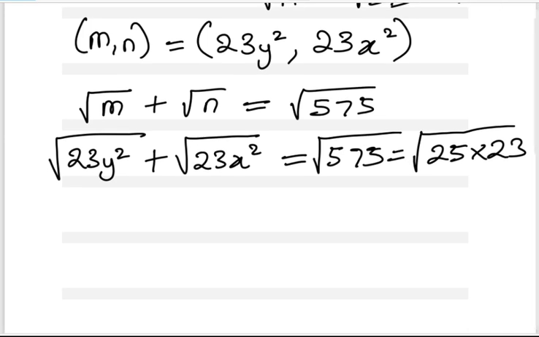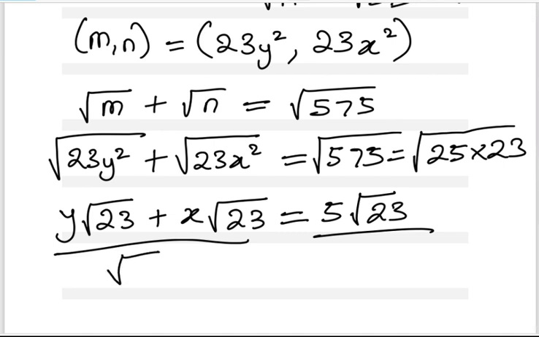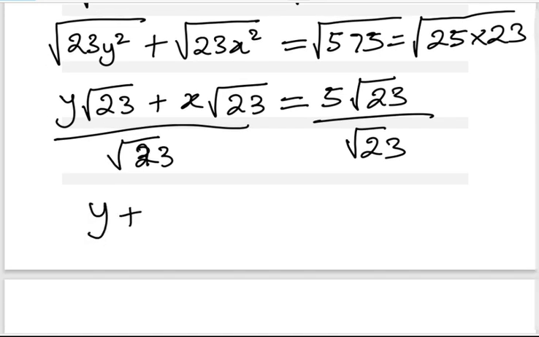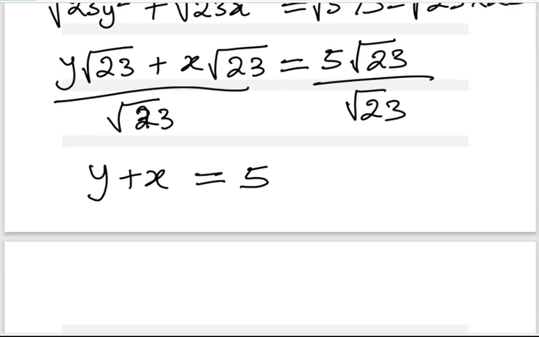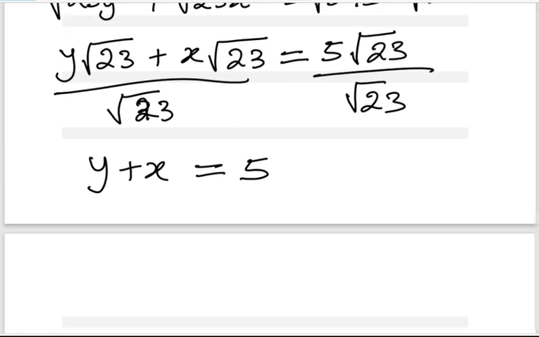And here we have y into square root of 23 plus x into square root of 23. This is equal to 5 into the square root of 23. So if we divide both sides by the square root of 23, we are going to have that y plus x is simply equal to 5, and y and x are positive integers.